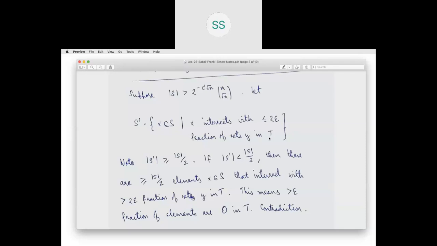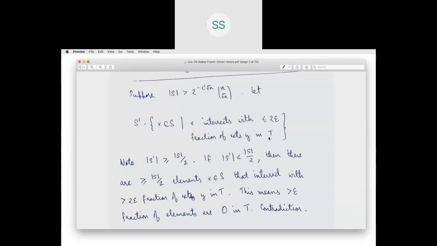Okay, so we have a rectangle S cross T. Now I am looking at a subset of S, called S dash. What are the X that are going to be in S dash?